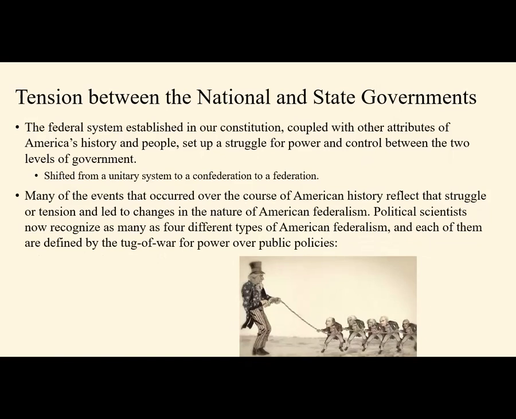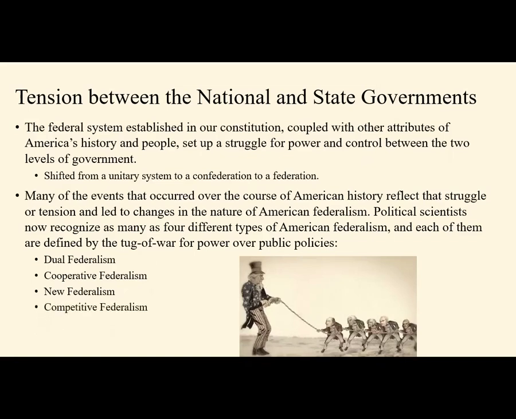Many of the events that occurred over the course of American history reflect this tension, and they have led to this change, to several changes. And those changes have been categorized by political scientists into 4 different types of federalism: dual federalism, cooperative federalism, new federalism, and competitive federalism.